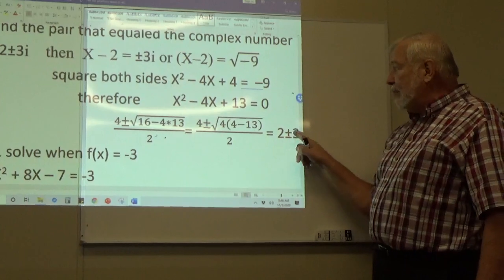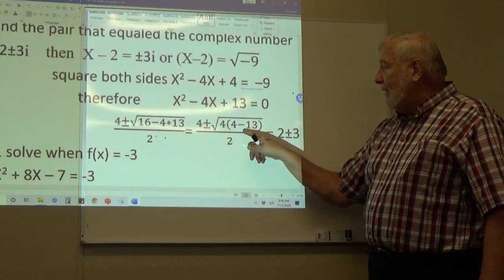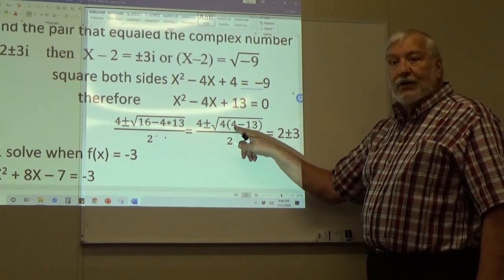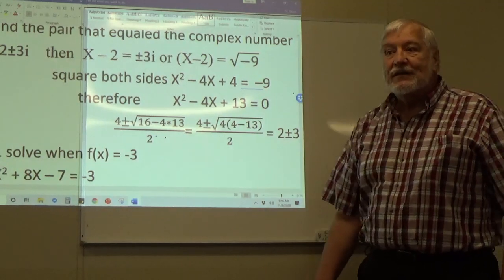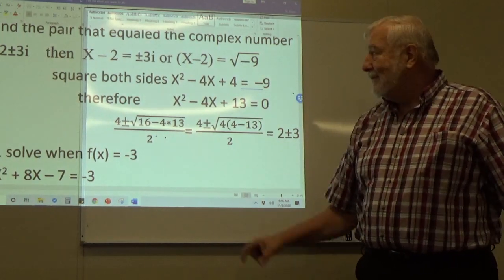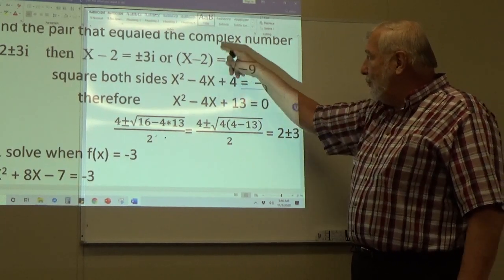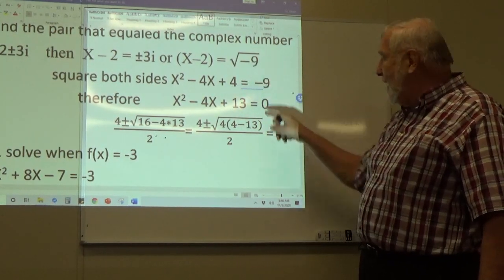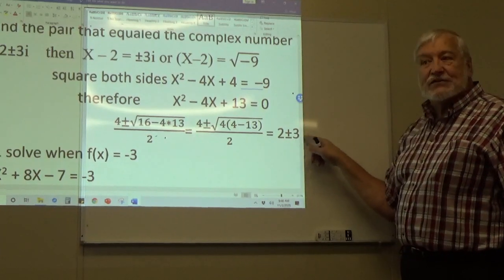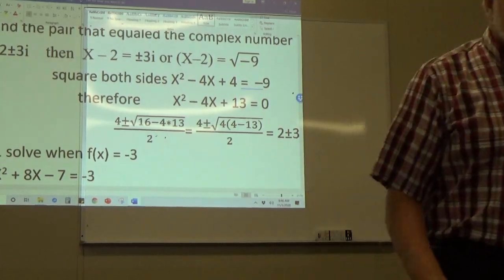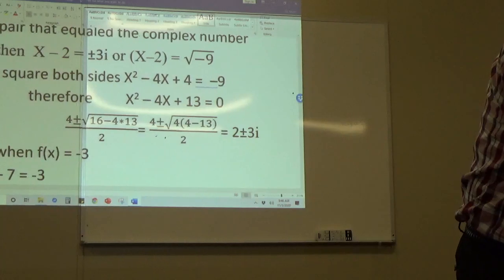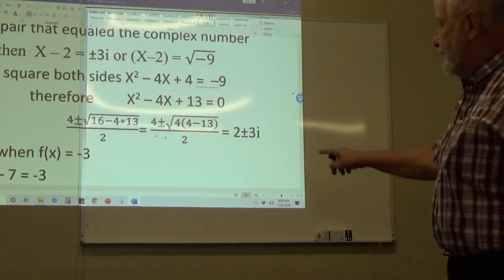So I'm going to have 2 plus or minus, and do you notice 4 minus 13 is negative 9? So I have 2 plus or minus the square root of negative 9, which is 2 plus or minus 3i, and that was what we started with.